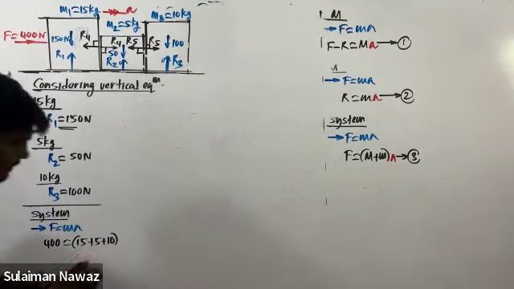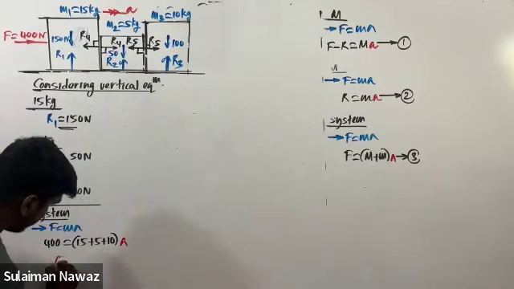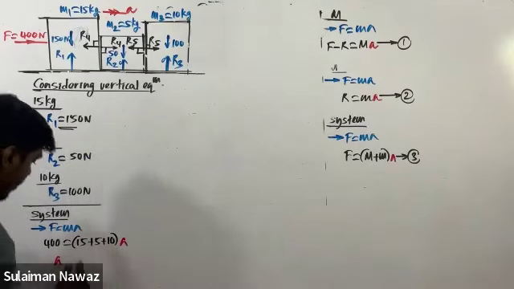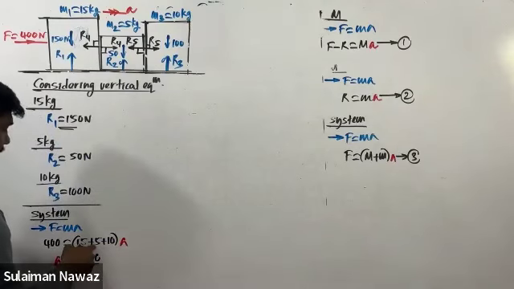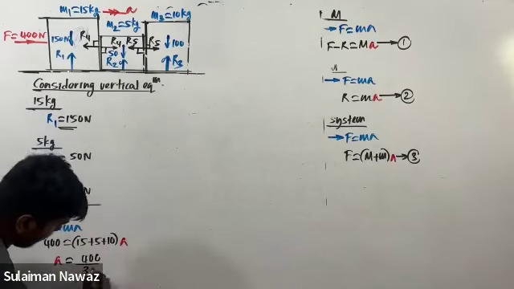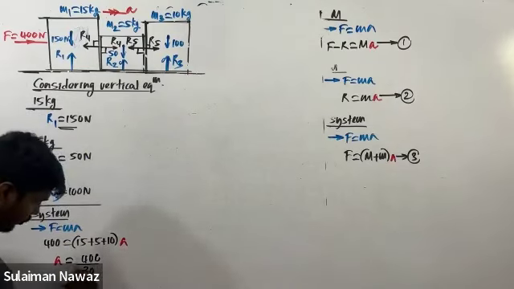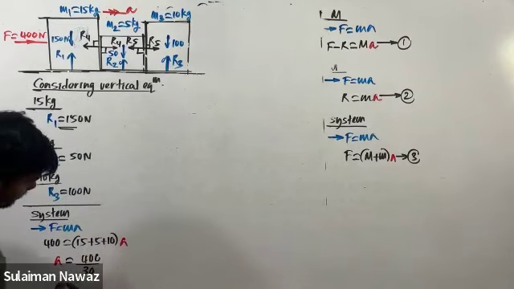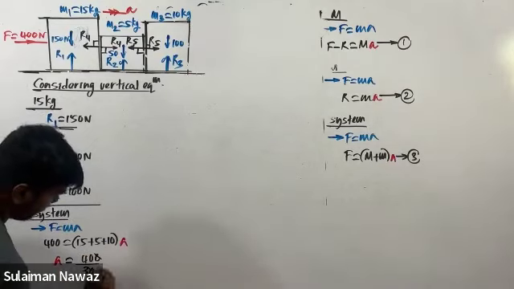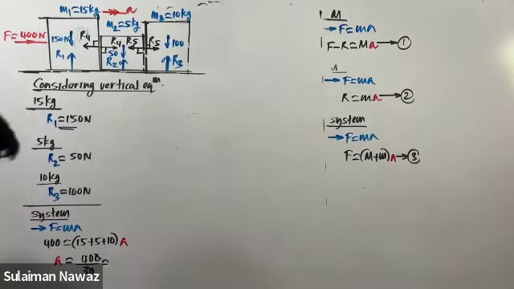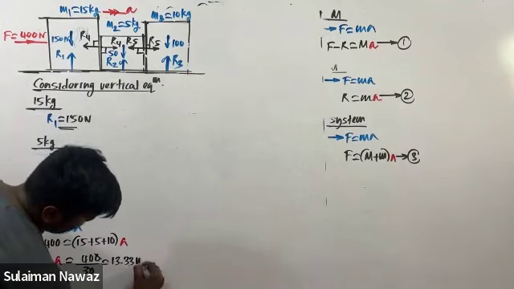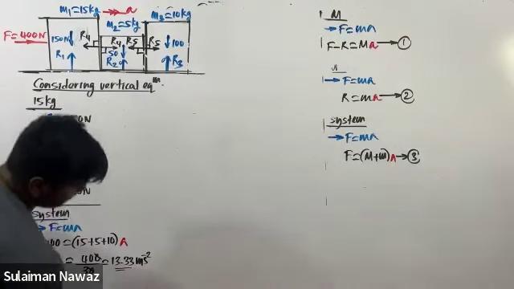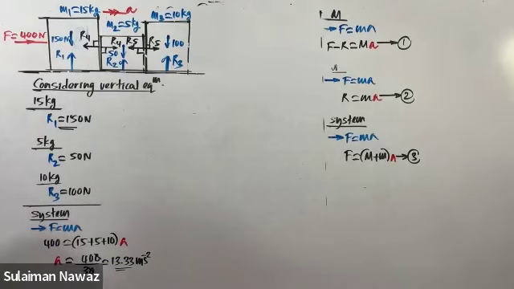Finally, simply A will be equal to 400 over 15 plus 5, it's 20, 20 plus 10 means 30. 400 over 30 means 40 over 3. 40 over 3 means how much? 13.33 meters per second squared. This is the acceleration of the system.